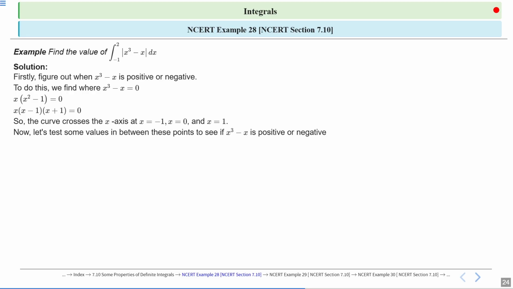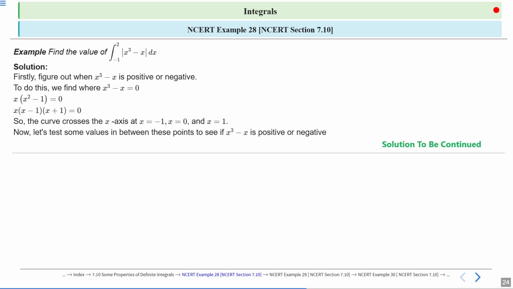And to change the sign of any curve from positive to negative or negative to positive, it must cross the x axis. If we imagine the graph, if a function is positive and it wants to become negative, it must cross the x axis. So at first we have to find the points at which the function crosses the x axis, and then we see in which interval the function is positive and in which it is negative.